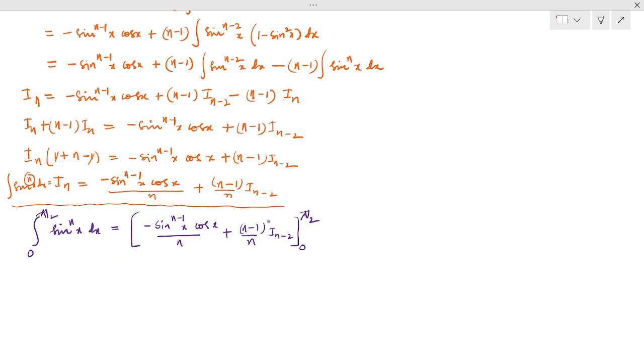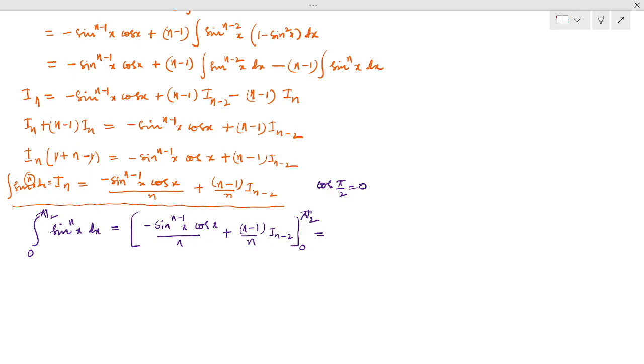So what I am doing is substituting the upper limit. What is sin pi by 2? Sin pi by 2 is 1, and cos pi by 2 is 0. So the upper limit becomes 0, and substituting the lower limit, sin 0 is 0.